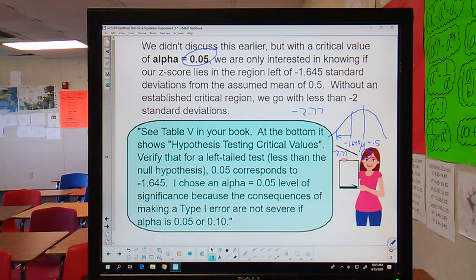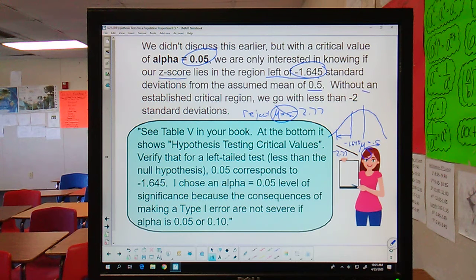We're only interested in knowing if the z-score lies in the region left of that, which it does, and that's assuming you've got a mean of 0.5. So we go ahead and we reject it, because it lies left of the negative 1.65. We reject that idea that the mean is 0.5.